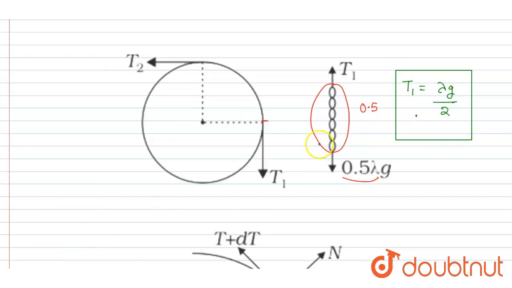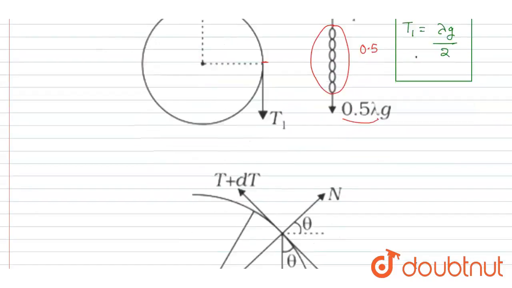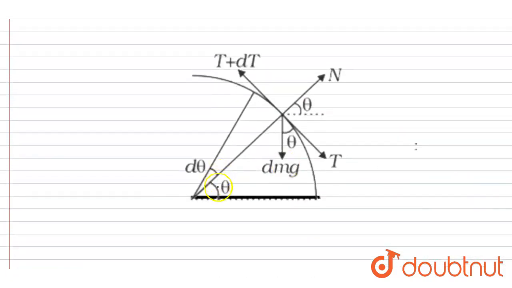Now if I move from T1 to T2, the tension will be varying in between. So we will take a small element at an angle theta, of angle d theta, and we can get the mass of this part. The mass of this part is mass per unit length into length.